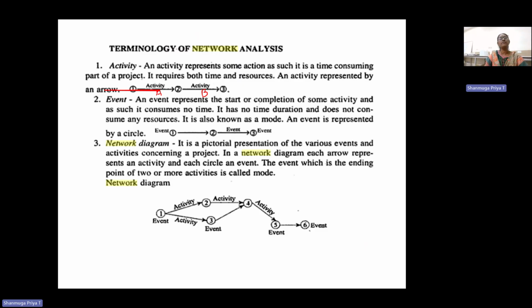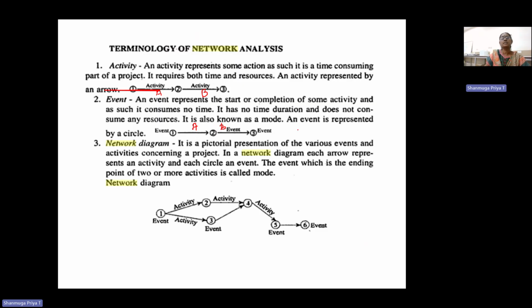Next, the event represents the starting and the ending of an activity. For example, this is activity A, this is activity B, and the events will be 1, 2, 3. These events are represented by circles.